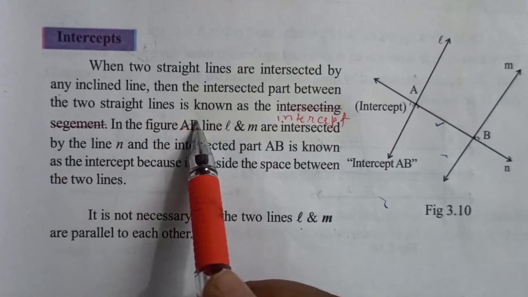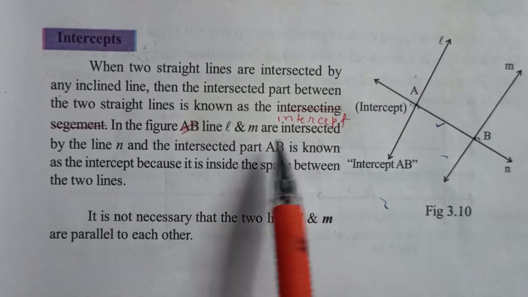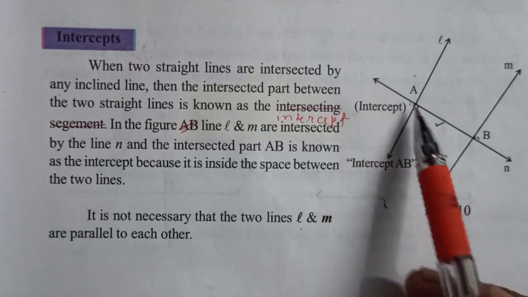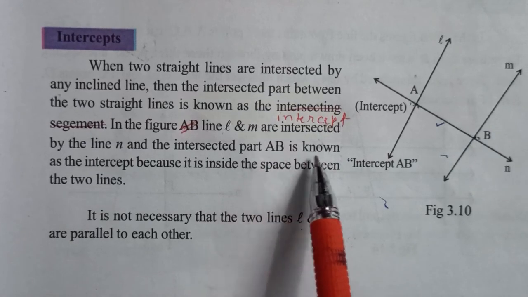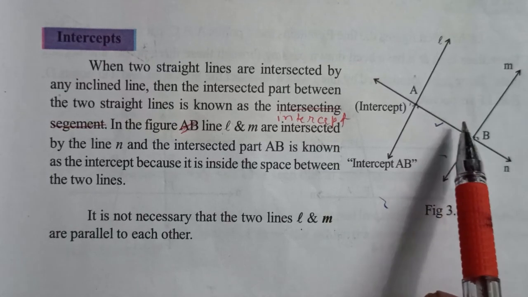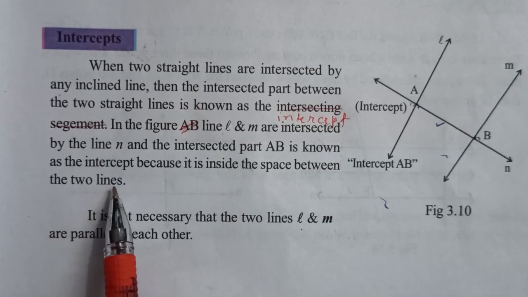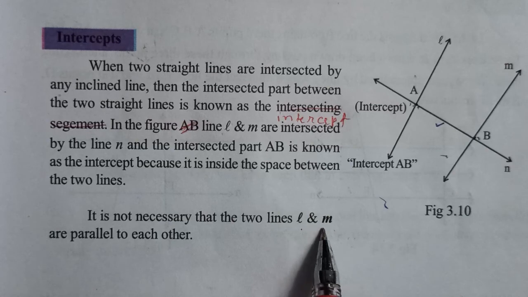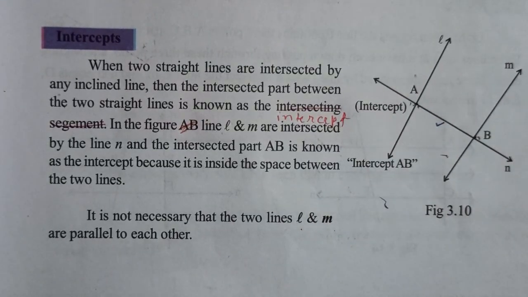In the figure, lines L and M are intersected by line N. And the intersected part AB is known as the intercept, because it is inside the space between the two lines. It is not necessary that the two lines L and M are parallel to each other. ये जरूरी नहीं है कि line L और M parallel हों.